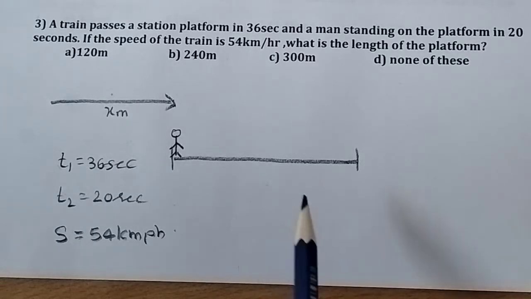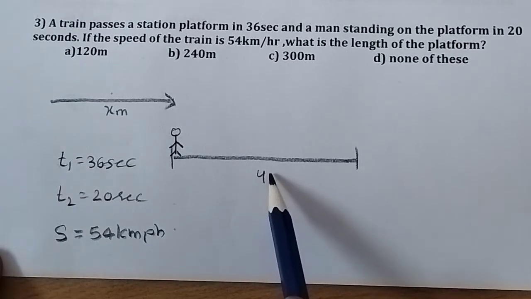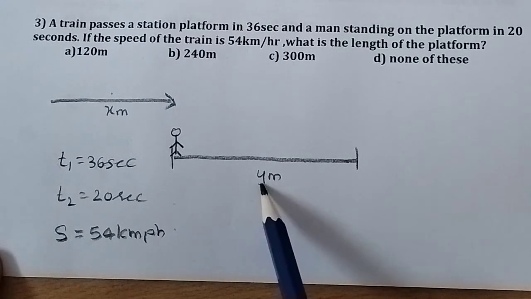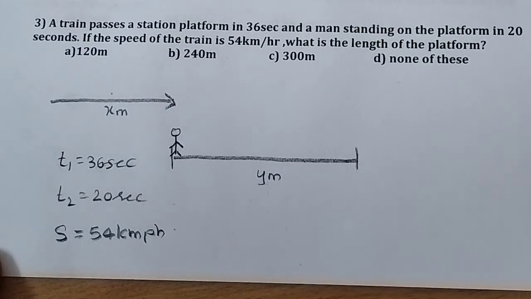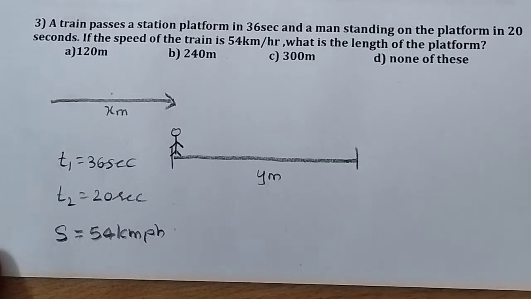What is the length of the platform? I'm just taking the length of the platform as some y meters. Okay, so this is the way. Now the speed is available, and it is enough to find the length of the platform. Try to understand.